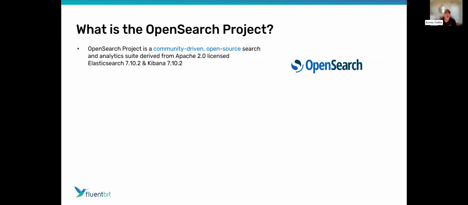And what's nice about it is, even though we've forked from Elasticsearch version 7.10.2 and Kibana 7.10.2 into OpenSearch and OpenSearch Dashboards, we have these additional projects that go on with OpenSearch, such as the plugins that you see in the OpenSearch engine through OpenSearch Dashboards, and also in other tooling, such as what we're going to talk about, which is DataPrepper today.